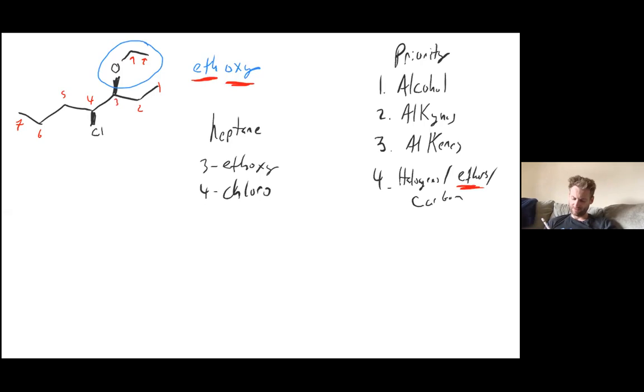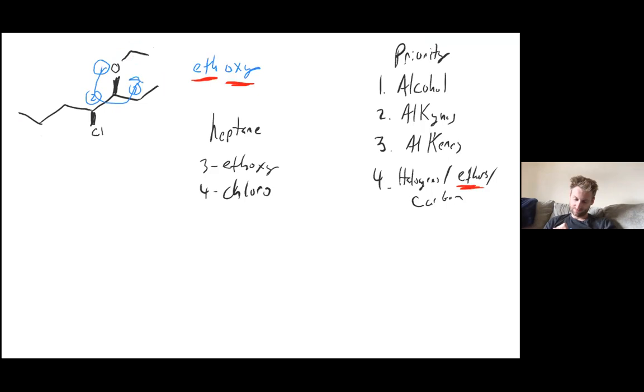If I'm doing R and S, I've got an oxygen, so that's going to be our highest priority. So 1 where the oxygen is, 2 on the chlorine side, 3 on the ethyl side here. This is going counterclockwise.